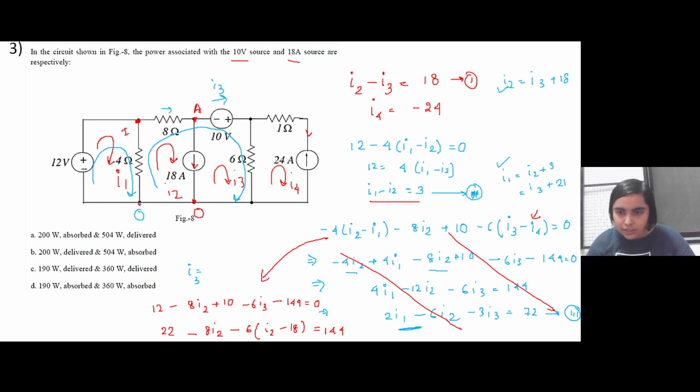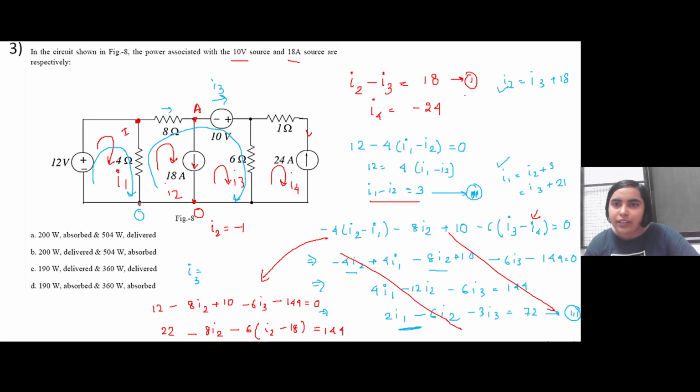It is 130. So I2 is equal to 130 by 14. Sorry, this will be minus 14, right? So we have taken the rest of it here. So it will be minus 14 by 14. So I2 will be equal to minus 1.